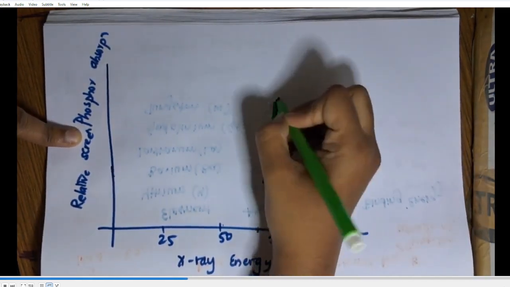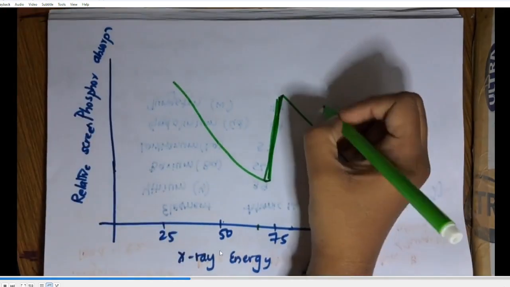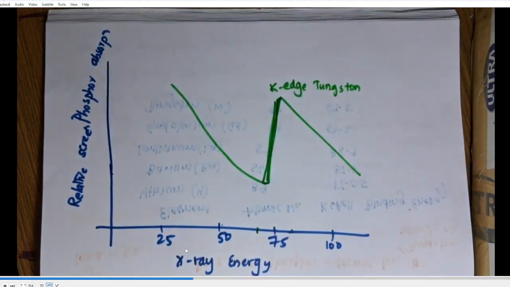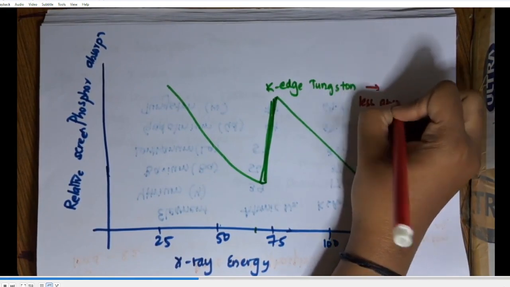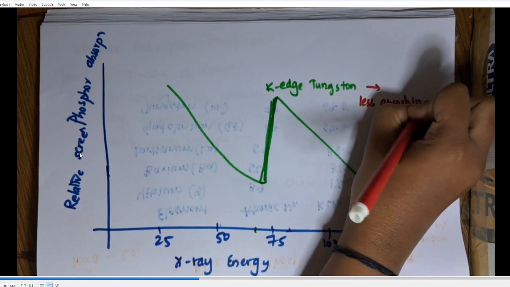Notice that the screen is less absorbing as the radiation energy increases until 70 kiloelectron volts. This 69.5 kiloelectron volts is the K-shell binding energy. Just at or above the K-shell binding energy, that is above 70 kiloelectron volts, the absorption of the calcium tungstate is the highest.